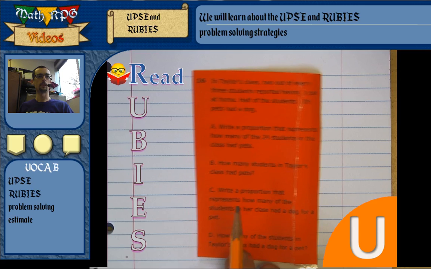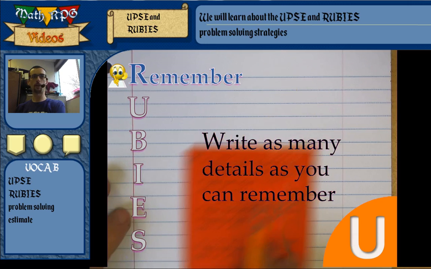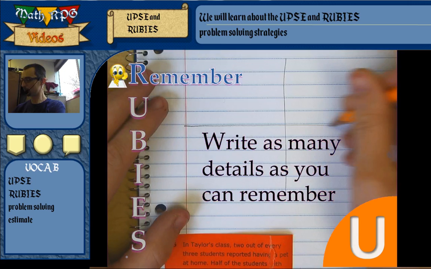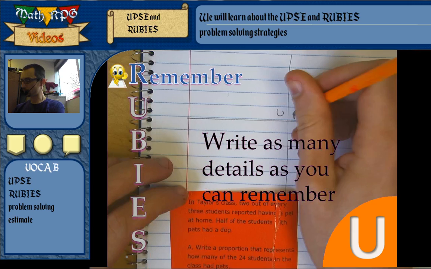So the first thing I do is I just read it. A good thing to do right after you read it is to write down what it's about. So I'm going to write down, first I'm going to take my paper like this, I'm going to divide it into the 4 sections of UPSE. Okay, so UPSE, make sure I understand the problem.